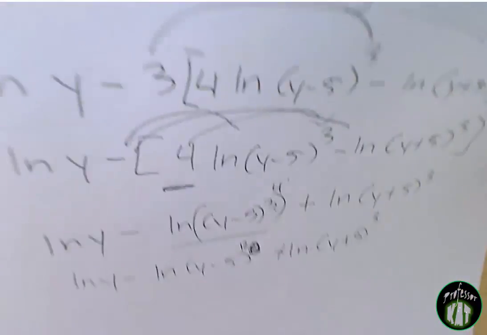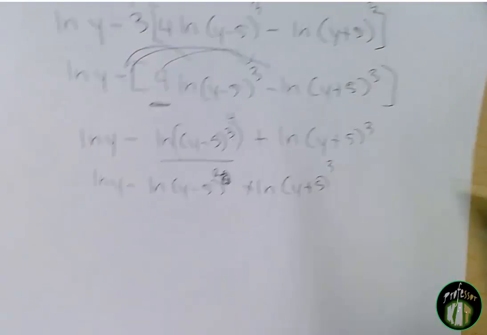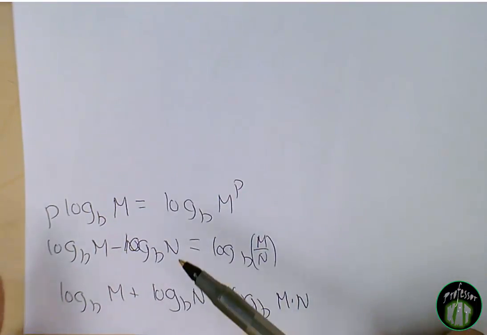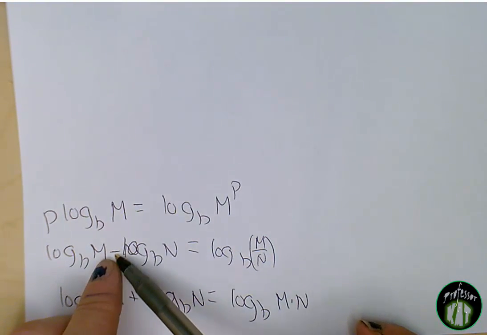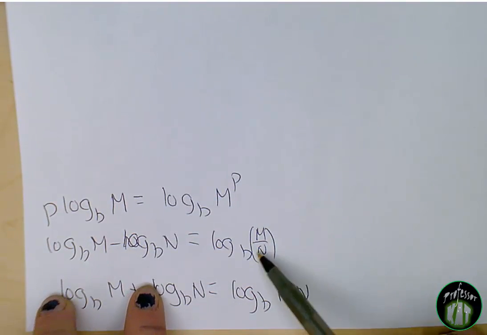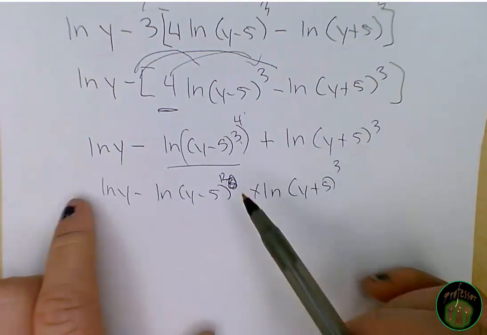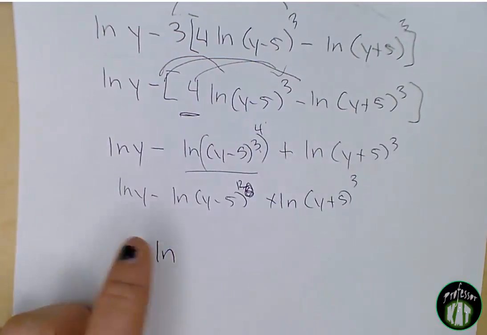Now we are ready to put this together into our final answer by using the product and the quotient rules. So in order to combine all of these logs into a single log, essentially if it has a minus sign in front of it, you are going to divide. If it is positive, you are going to multiply. Or an easier way to understand that is, essentially we're combining all 3 of these into a single log.